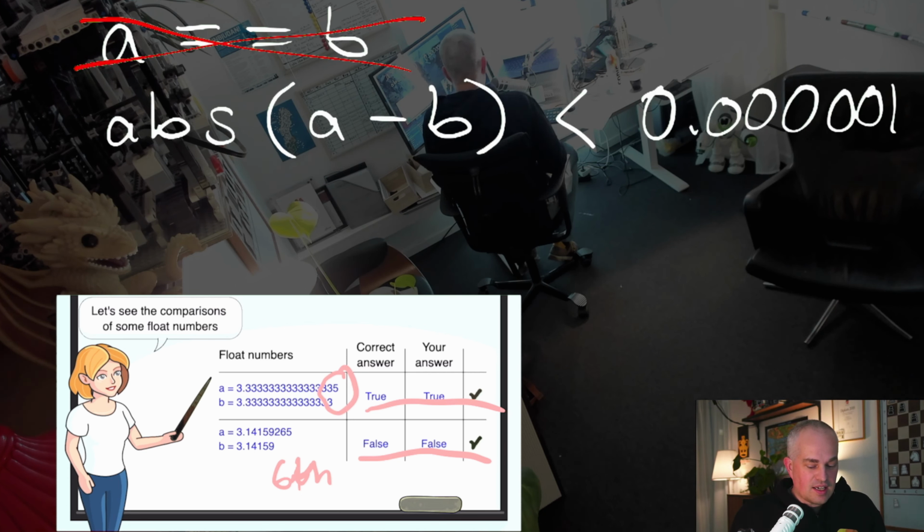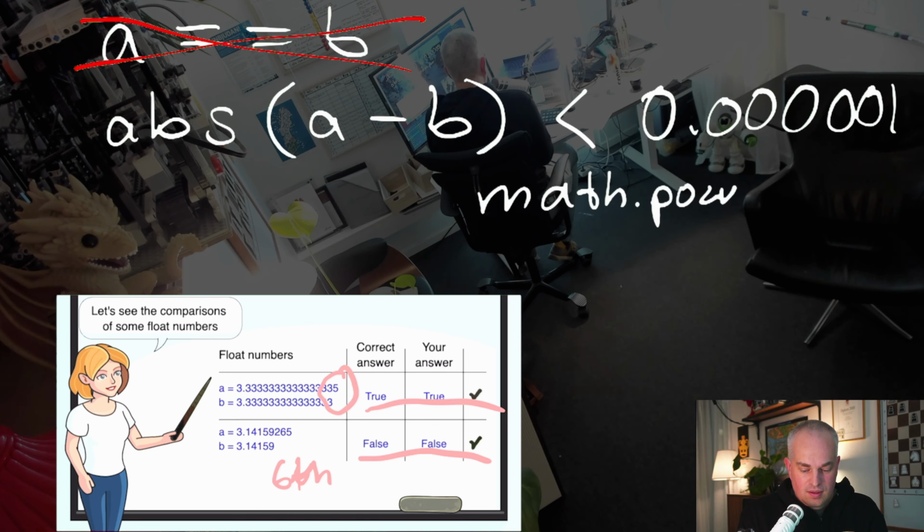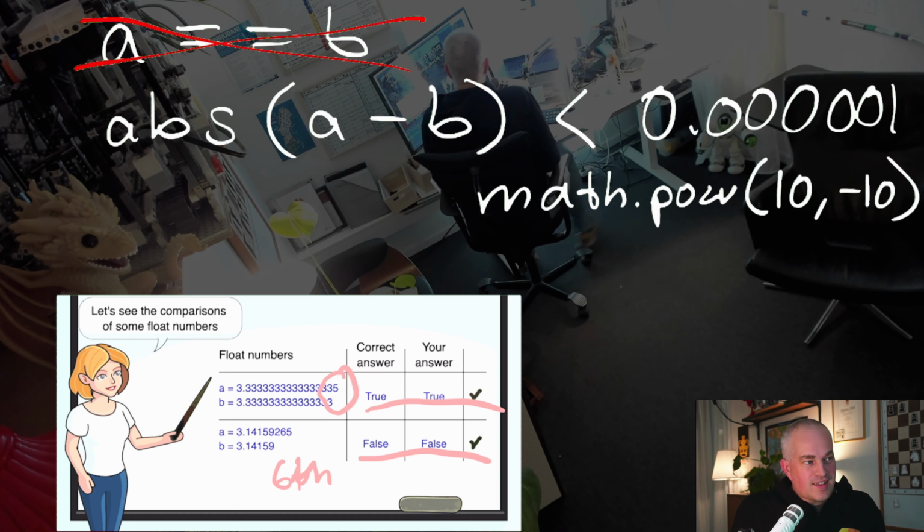But this is the idea anyway. And it could be something like, you can also use something like this, which I think is the Python example. Should check this beforehand, but yeah, you want to compare it to a very, very small number. And then you say that that's enough.